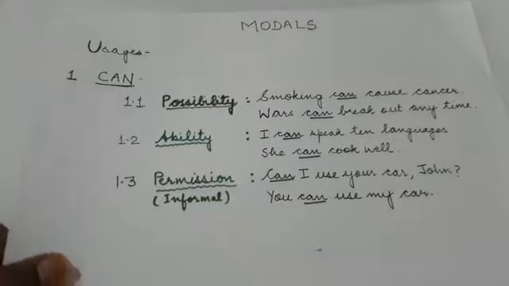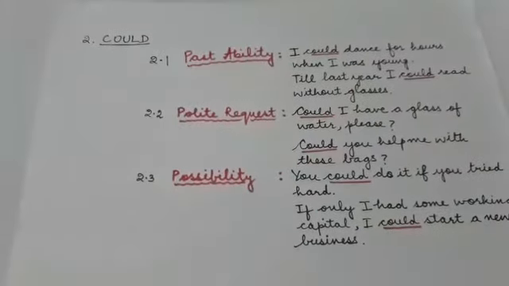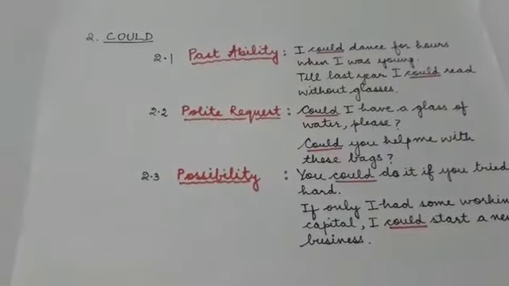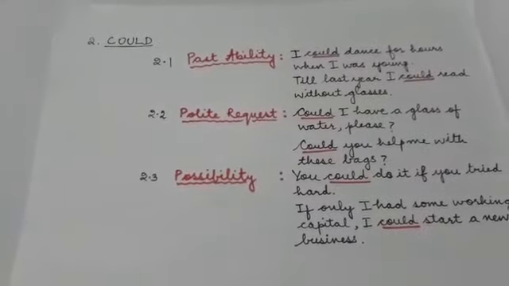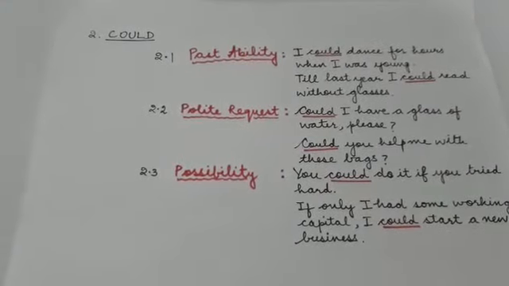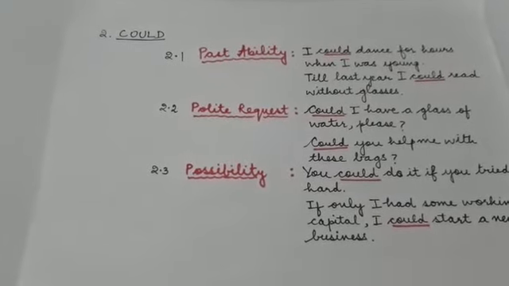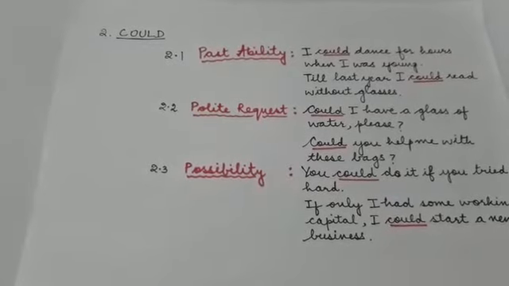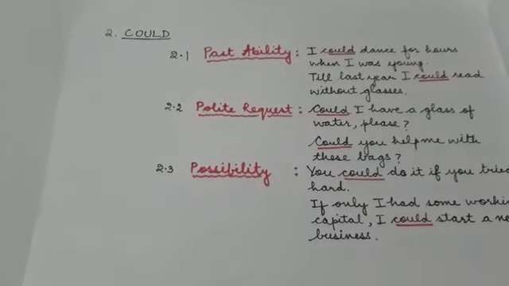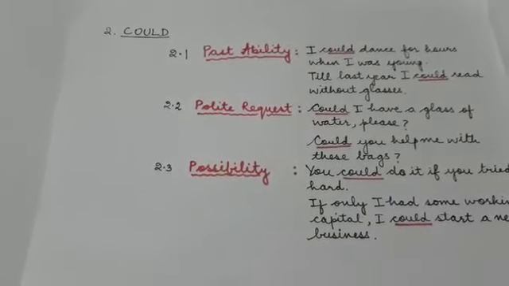Now let's look at the modal could. Could is used to indicate past ability. By past ability we mean that somebody was able to do something in the past. For example, I could dance for hours when I was young.